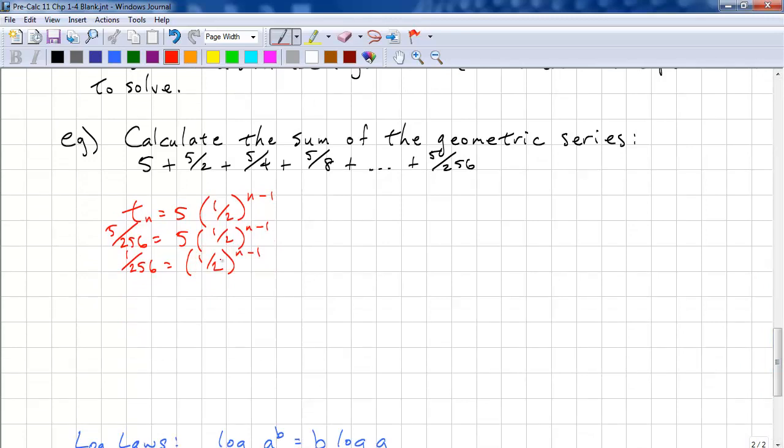Logarithms are just the opposite function of exponentials. So now we take log 1 over 256 equals log 1/2 to the n minus 1.